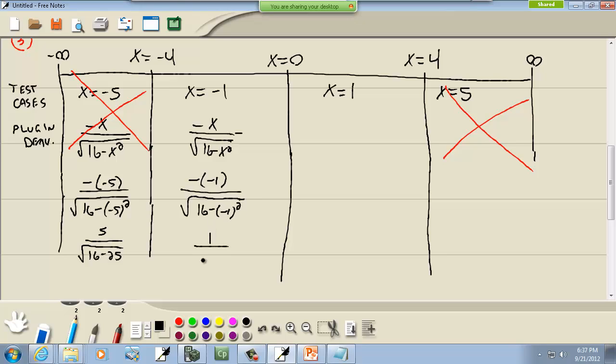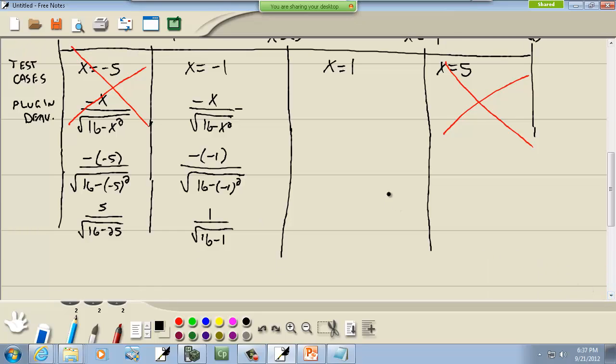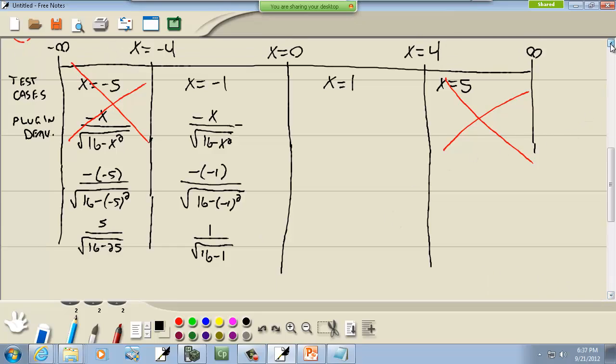Negative gives us a positive 1 over the square root of 16 minus 1. Now, all we really care about is what the sign is. We don't care about anything else. So this right here, this is a positive 1. 16 minus 1 is 15. Square root of 15 is positive. So this is positive, so this is increasing. Now, at the point you see what the sign is, you don't need to actually go any further.